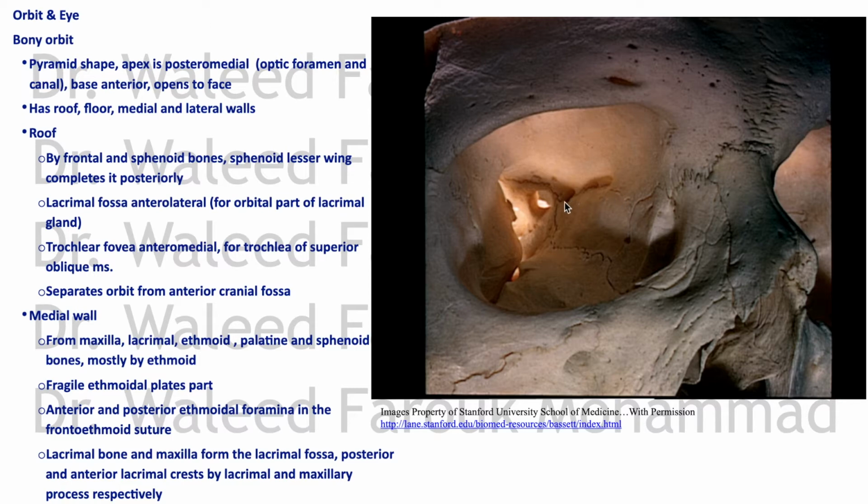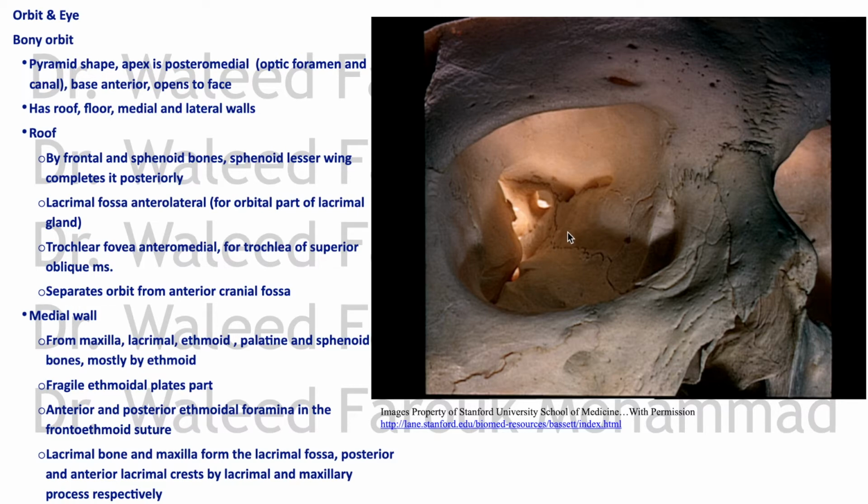And behind the ethmoid, a small portion by the upper end of the palatine bone. See, it reaches up here to form part of the medial wall of the orbit. And then the sphenoid. So we have the maxilla, the lacrimal bone, the orbital plate of the ethmoid, part of the palatine bone and the sphenoid. This is the medial wall.